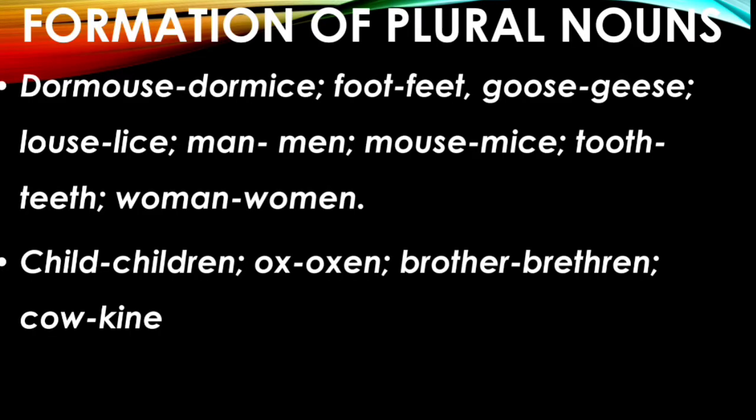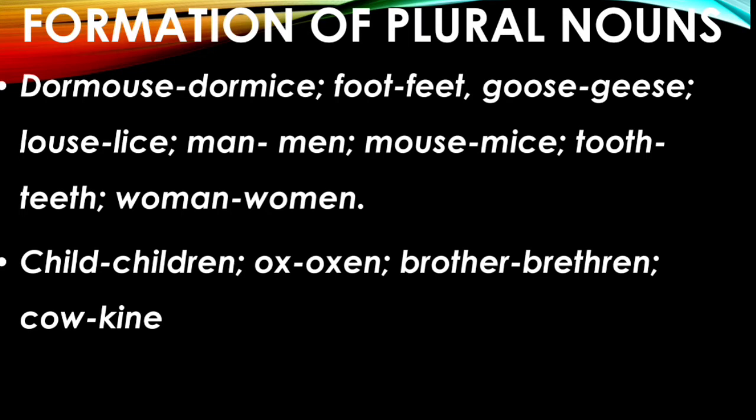Staff has two plurals, staffs and staves. Wharf has two, wharfs and wharves. So some words have two plural forms. Okay, some words ending in F. So these are a few nouns that you can learn by heart or just remember as they are.